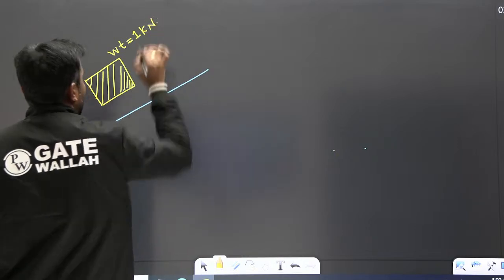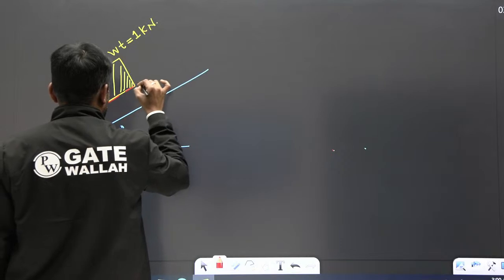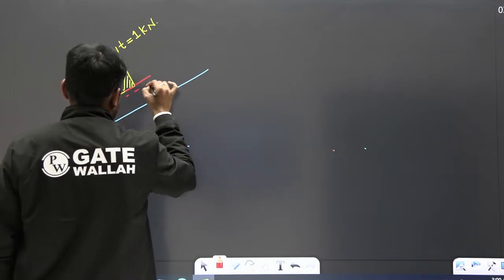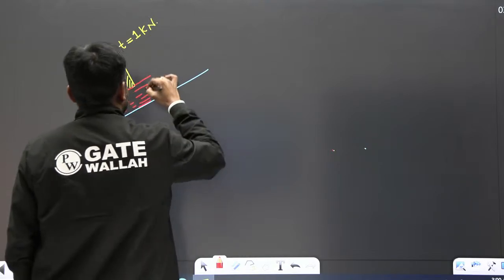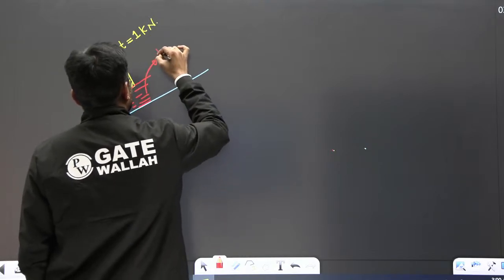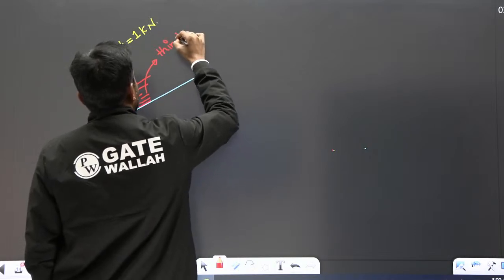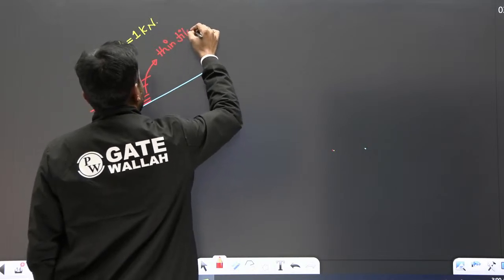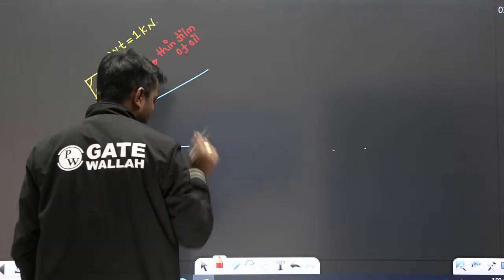The weight of the block is 1 kilonewton.